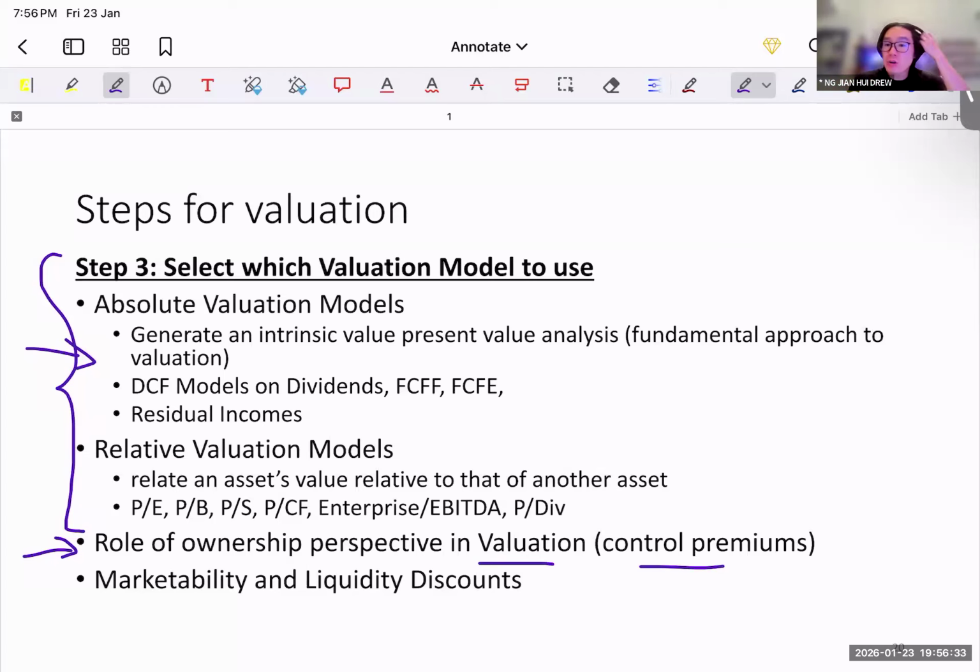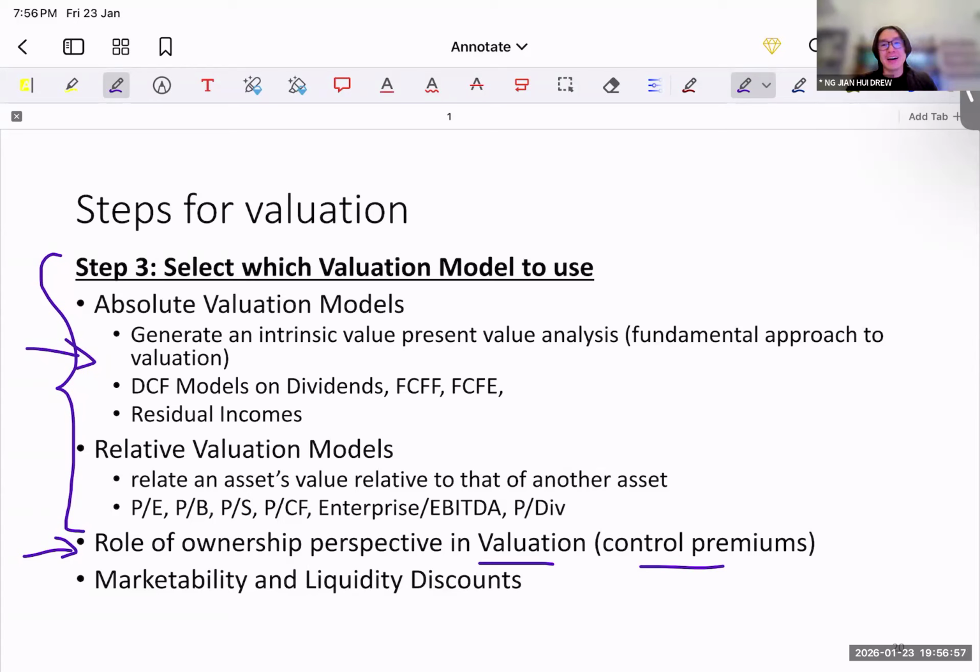I do see also a question about EV versus revenue. Will it be right to use this for relative valuation? Yes, you can do that, but let's not jump the gun a bit. Relative valuation is a whole lecture altogether.